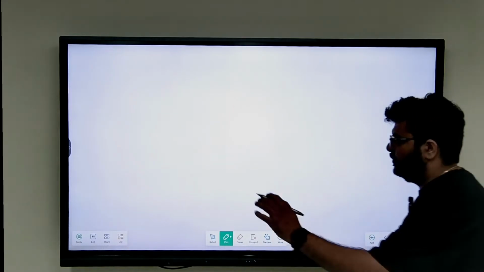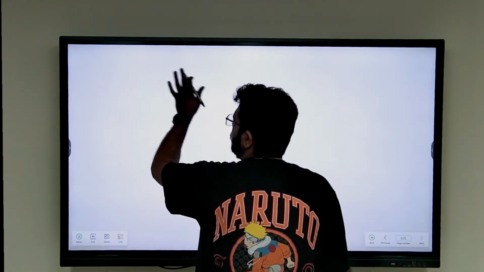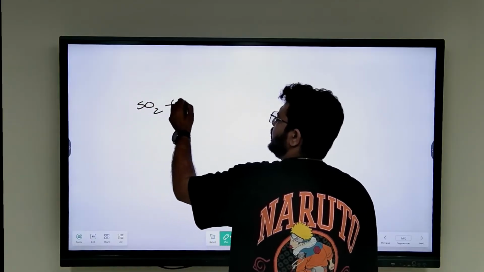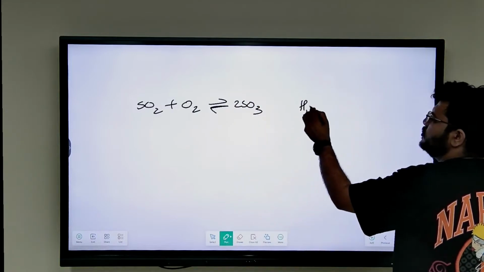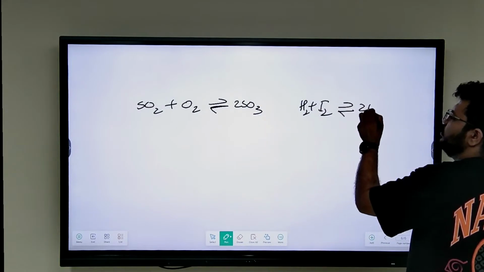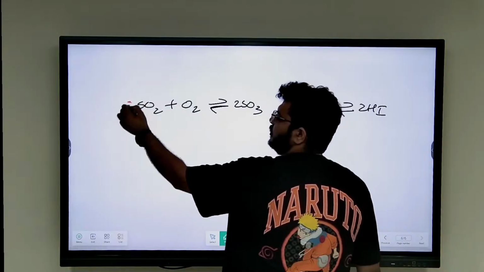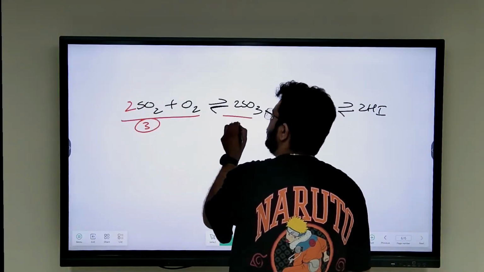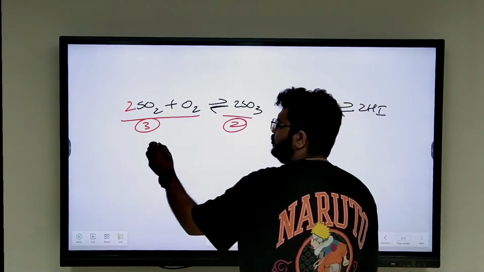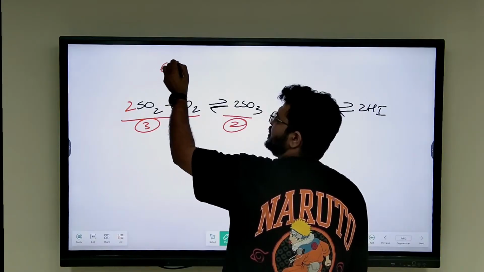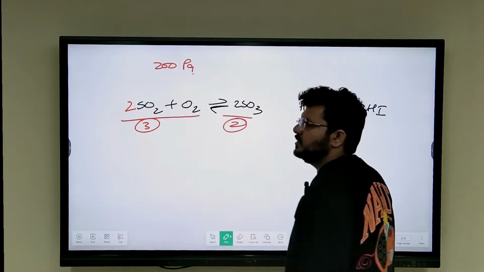Let's take another equation, right? Some equations that we know. Let's take SO2 plus O2 gives 2SO3, and let's take H2 plus I2 gives 2HI, right? In this case, because there are 3 moles over here and 2 moles over here, what you have to consider is, let's say they have said that 66 kilopascal or 200 pascal is the pressure.